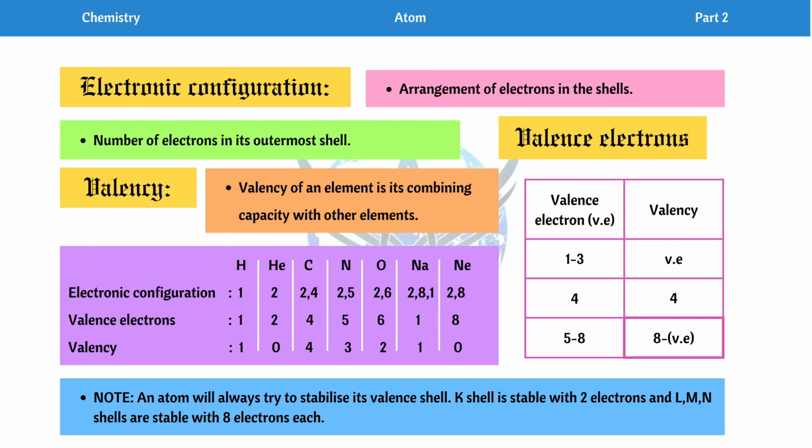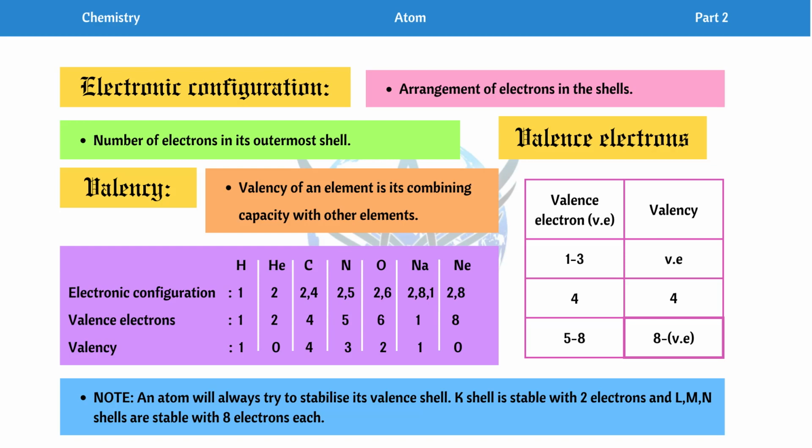We know that different atoms have different numbers of electrons, and those electrons are present in orbits around the nucleus. The arrangement of electrons in those orbits is known as electronic configuration.